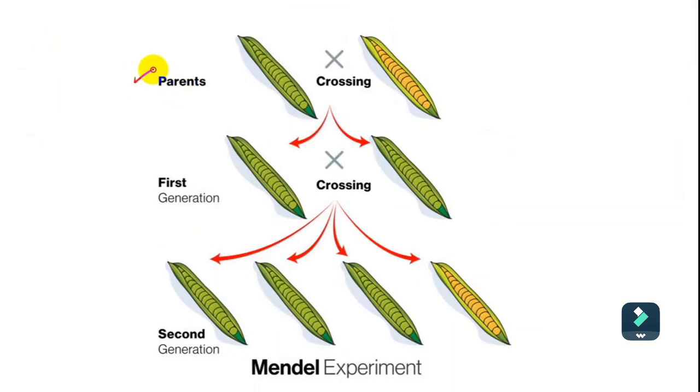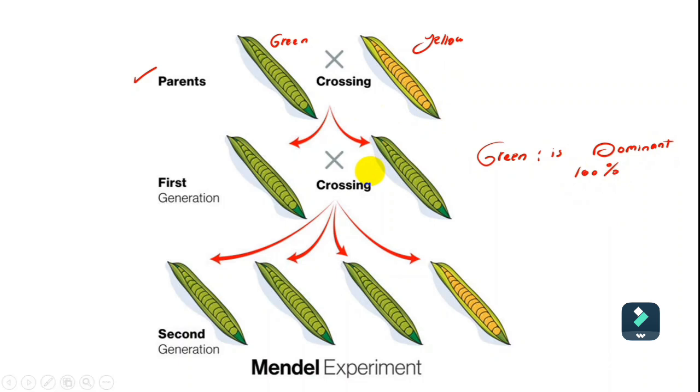So in this example, we have parents, one of them green and the other yellow. If you find that all of the first generation is green, this means that green is dominant. Green is dominant because it appears in the first generation by 100%. And the recessive one, which is yellow, disappears completely.